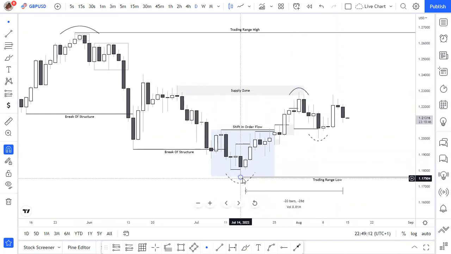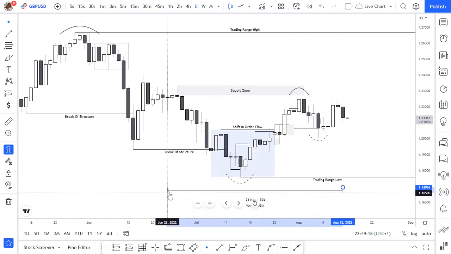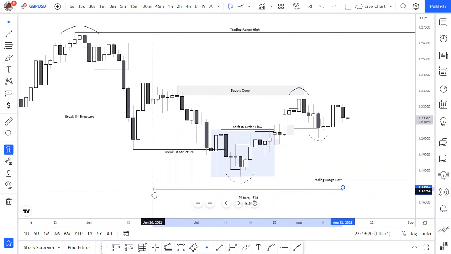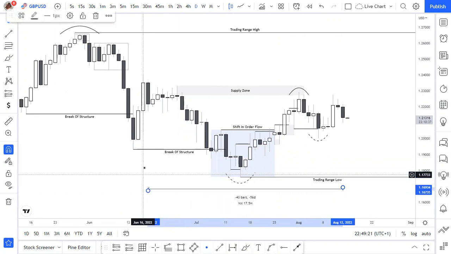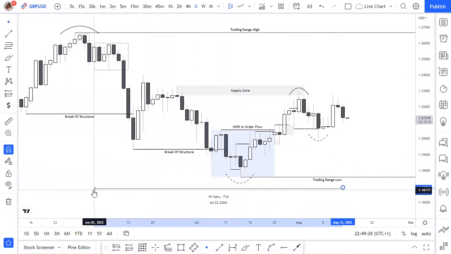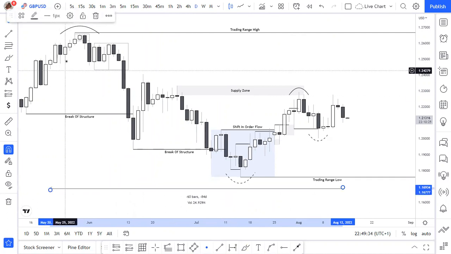Then I will extend it to the last 40 trading days, the highest high within the last 40 trading days and this lowest low. Then again I will extend it to 60 trading days. So this is the highest high and this is the lowest low.